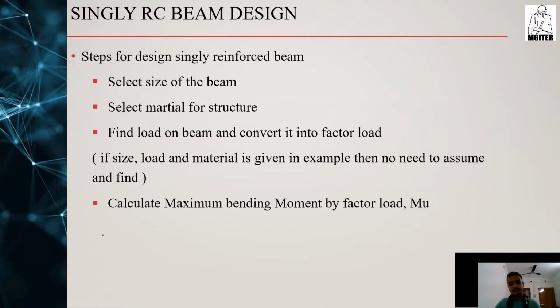Then after finding the factored load, we have to calculate the maximum bending moment, which is called Mu. Why do we need the maximum bending moment? Because we design a structure for the maximum bending moment. The structure will be safe if you design it for a 10 kilonewton meter moment.